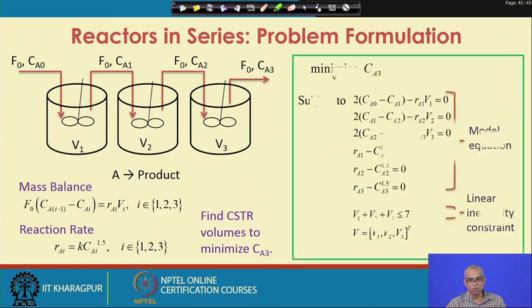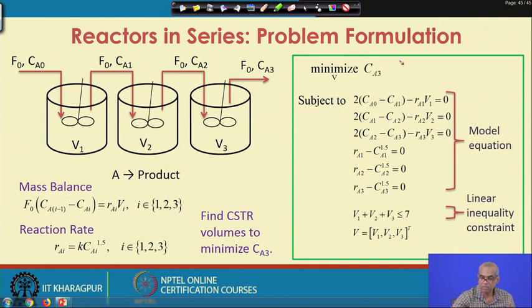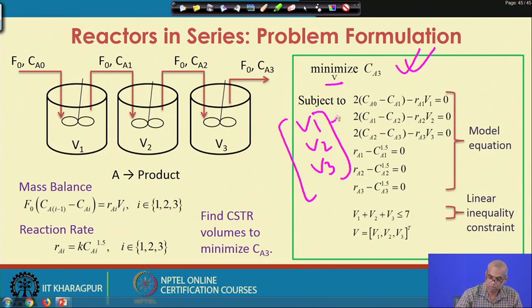Now, the problem formulation will be: minimize Ca3, find the V vector which involves V1, V2 and V3, subject to these model equations along with the rate equations and this linear inequality constraint.